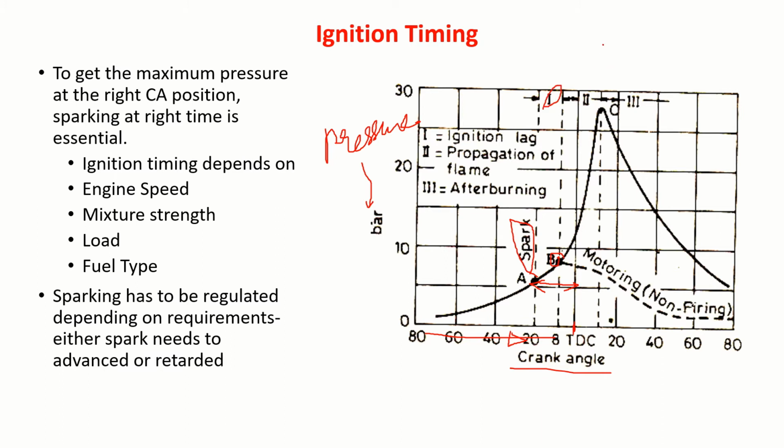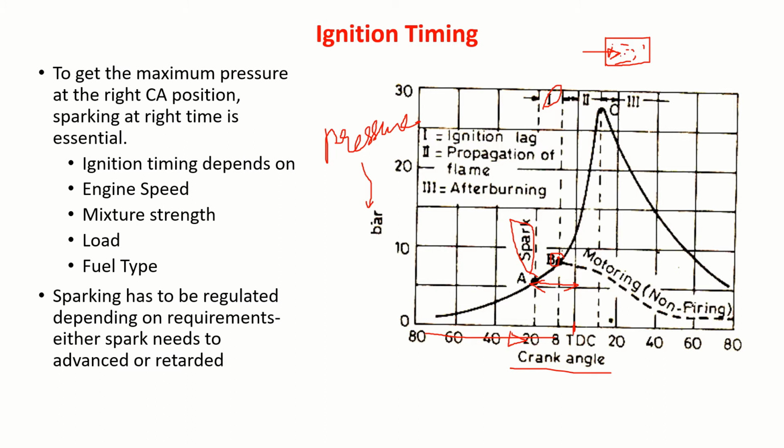What really happens in ignition lag is that the mixture you have inside the cylinder receives the energy, but these molecules have to gain that energy and attain ignition temperature. They should be ready to react.